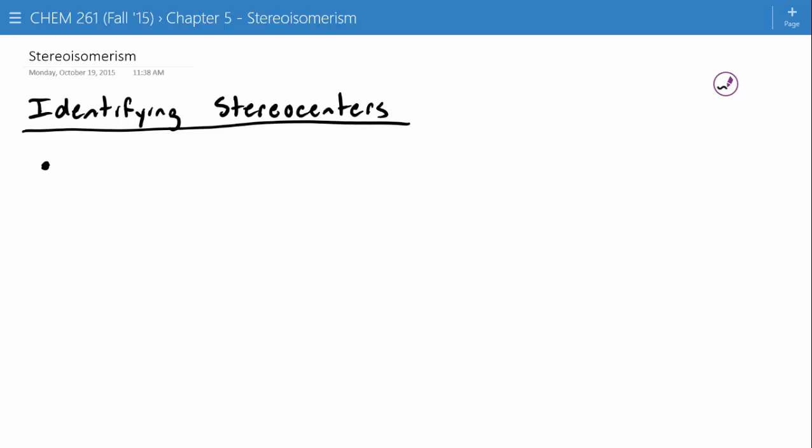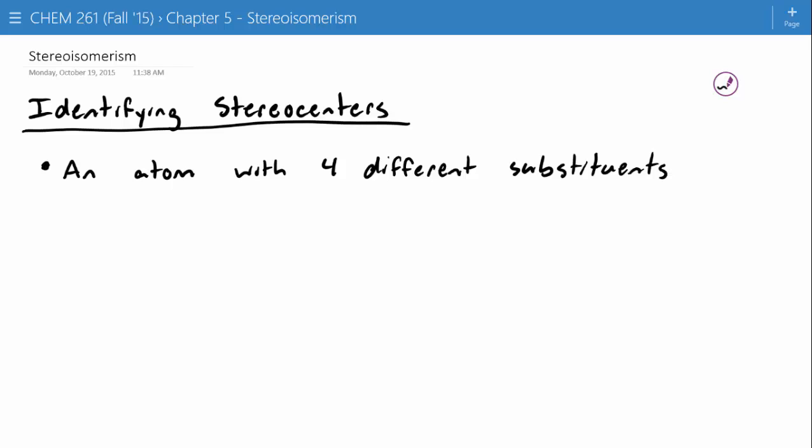Stereocenters can best be described as a position or an atom with 4 different substituents coming off.